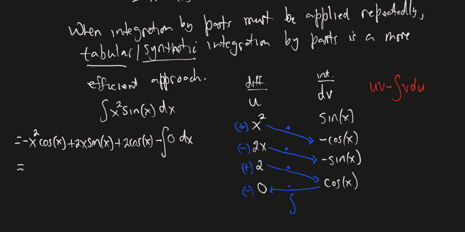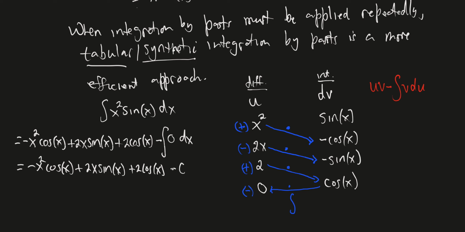So here's our final answer. So this will be negative x squared cosine of x plus 2x sine of x plus 2 cosine of x. And I'll write it down as minus c, but then I can do the same thing.